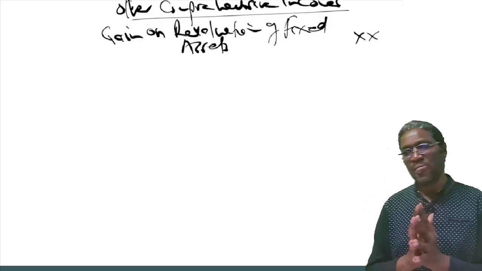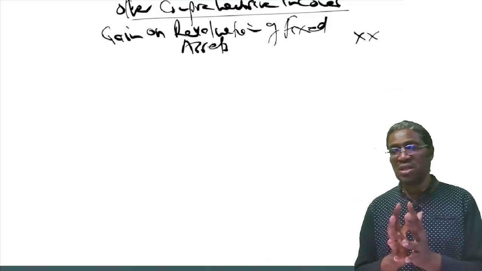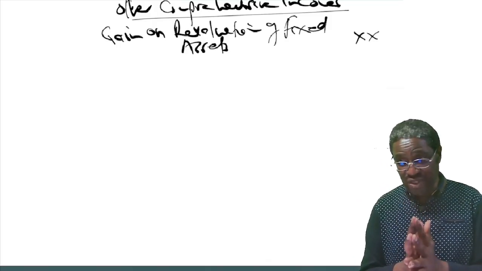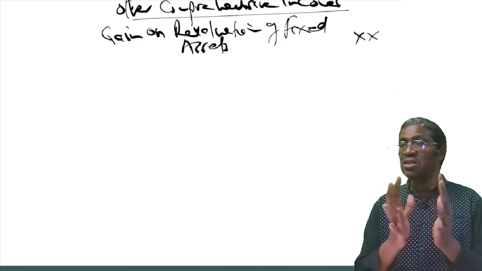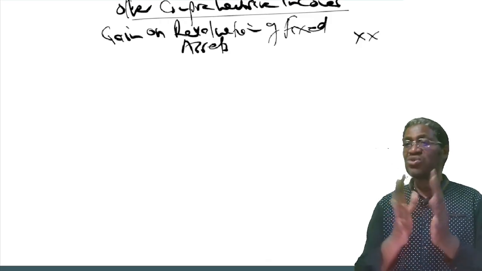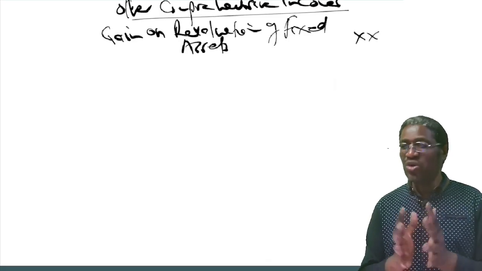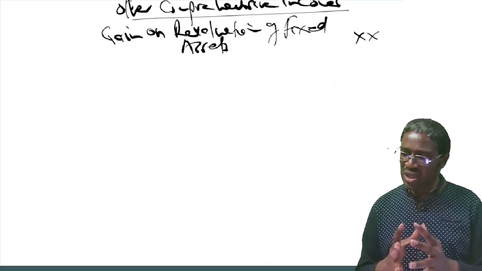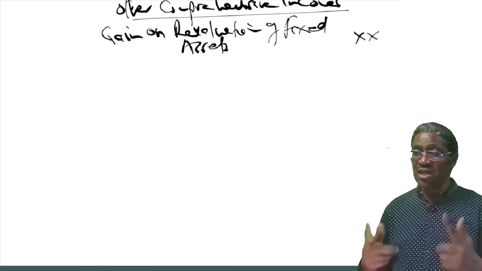For example, if you take a loan from a bank in America, they will give you that loan in US dollars. Let's assume 1 million US dollars. You will not record it in your books at US dollars. You will record it in your books in Kenya shillings.